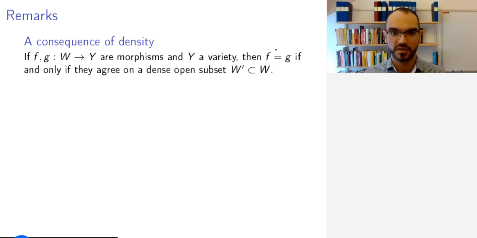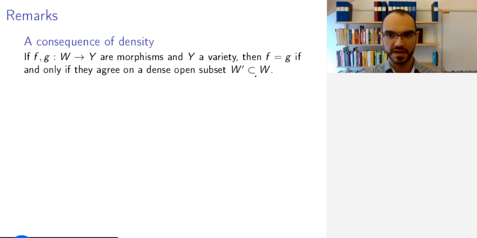And so therefore, these two maps are equal on all of W if and only if they agree on a dense open subset. Because if they agree on a dense open subset, they must agree on its closure, which by density is the whole of W.